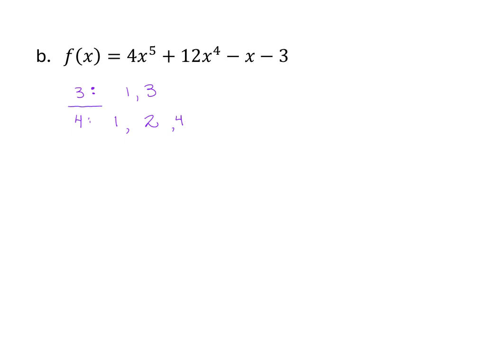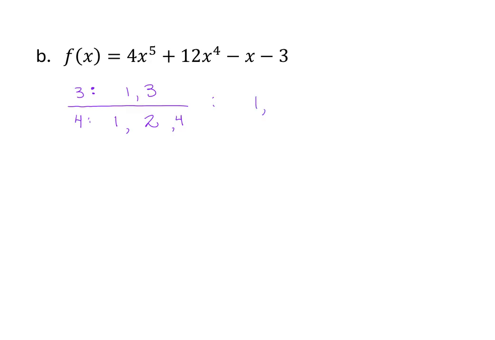All right, then we're going to go ahead and start dividing. I'm going to start with 1 over 1. Sorry, I don't want to write it that way. We're going to divide 1 by 1. We get 1.